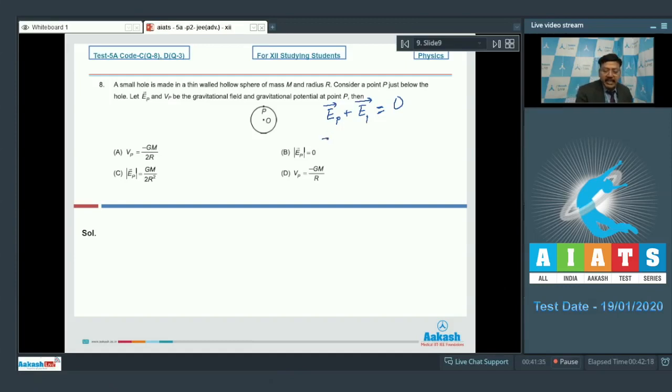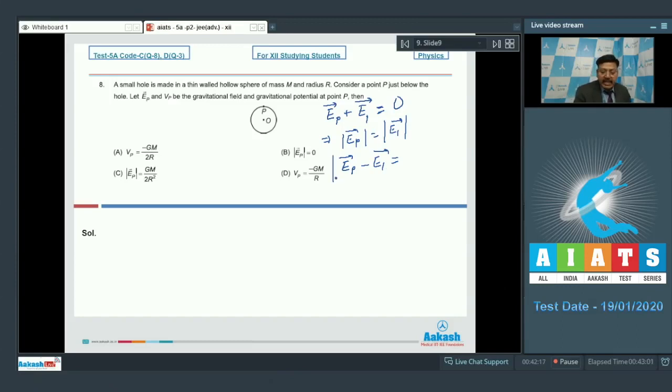So this means that magnitude wise these two are equal, right? Now we can consider that just outside the gravitational field of the removed part will be minus E1. So we also have EP minus E1. This will be the gravitational field just outside because the gravitational field of the removed portion just inside and just outside will be in opposite directions. So that's why there's a minus sign here.